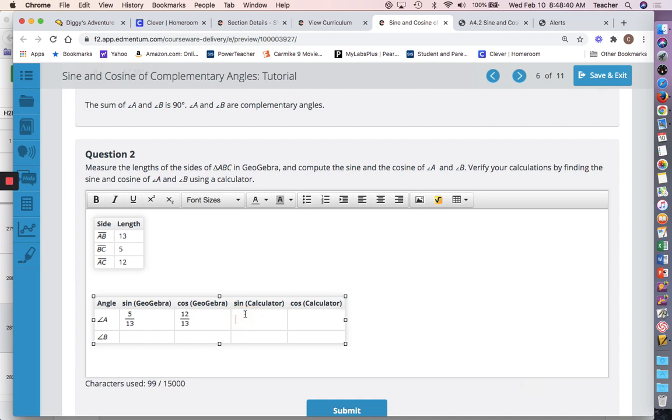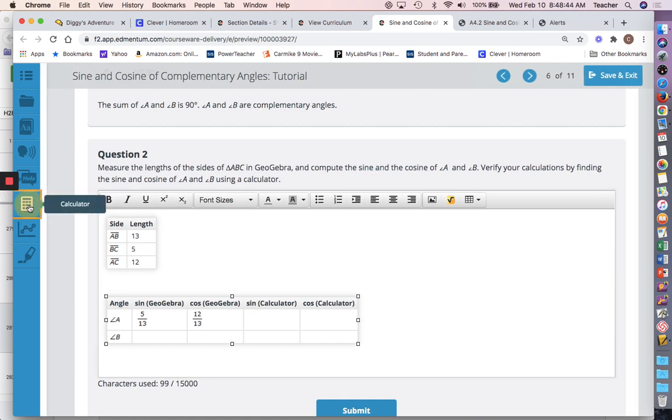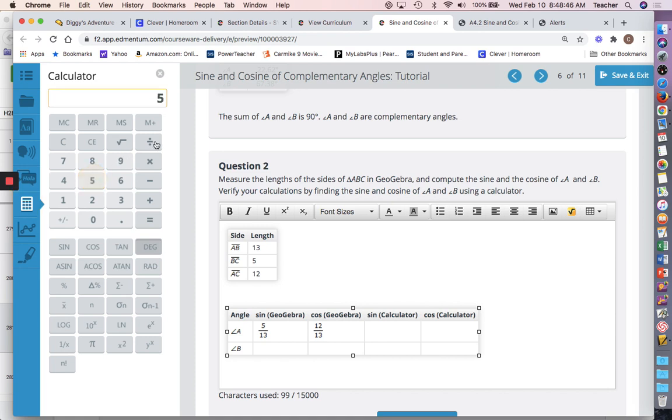Now if you do it on the calculator, you're going to end up with a decimal. 5 divided by 13 is approximately 0.38. And then cosine, 12 divided by 13, is approximately 0.92.